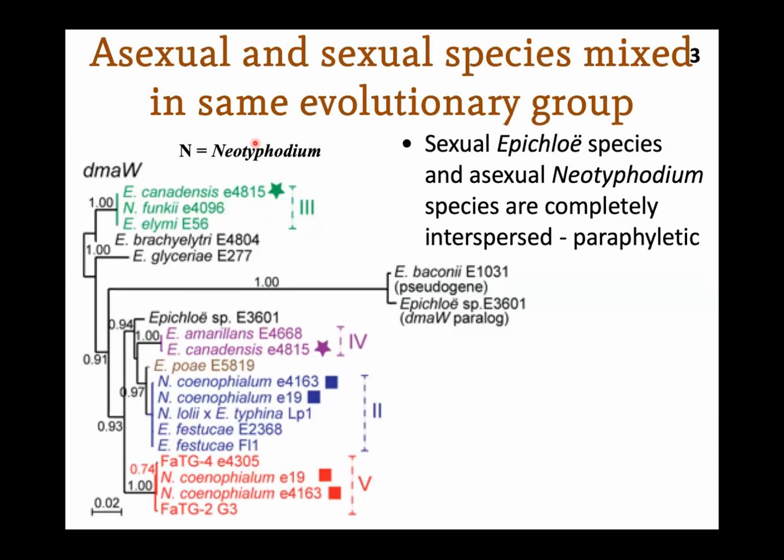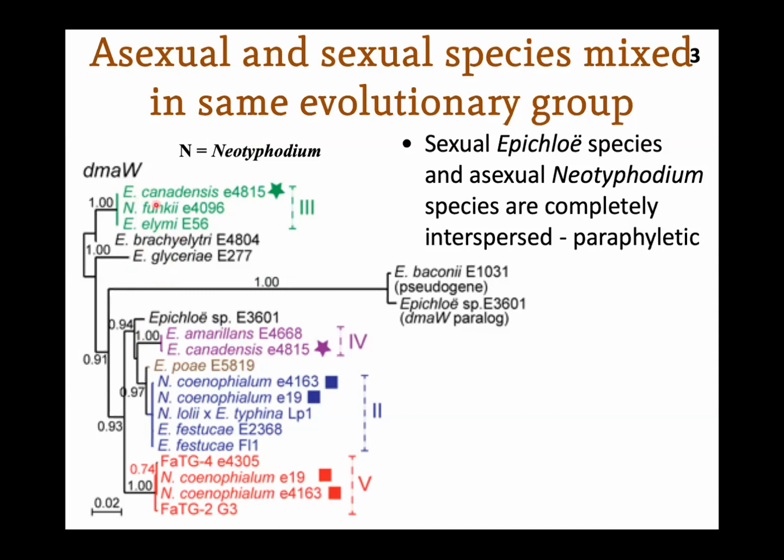The sexual species were put in the genus Epichloë, and the asexual species were all put in the genus Neotyphodium. You can see those on the tree, indicated by the genus name starting with an E and starting with an N, obviously. What you can see is that the Epichloë species are completely interspersed with the Neotyphodium species.